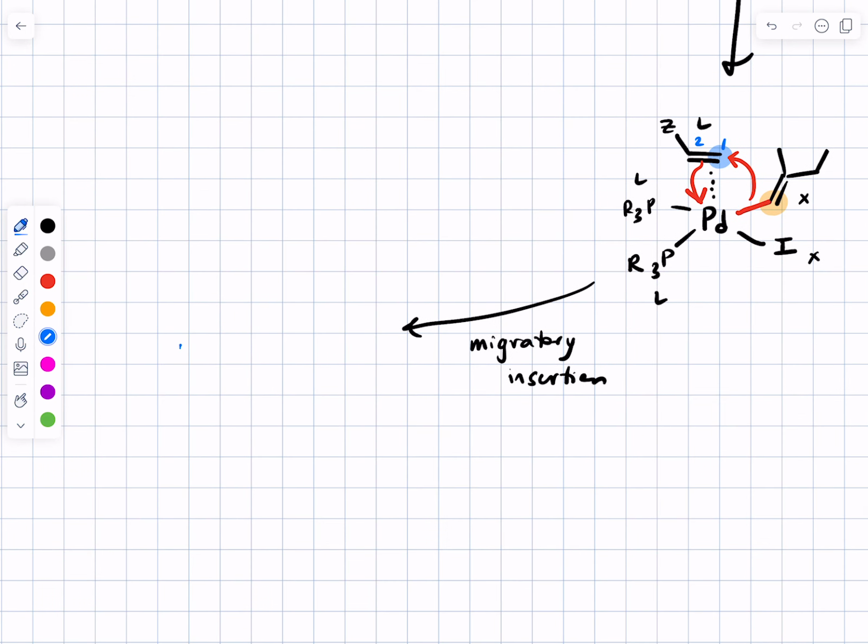So after the migratory insertion, this is what we're going to have. You've got palladium. Or sorry, here's the new bond with blue 2. And then here is blue 1.